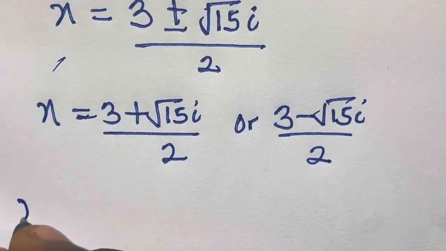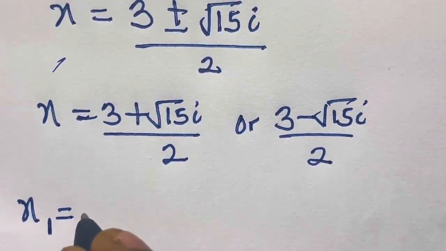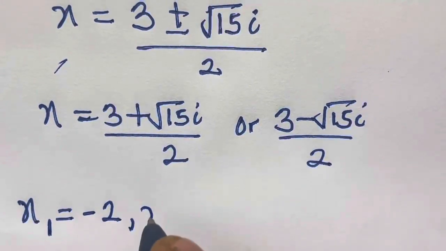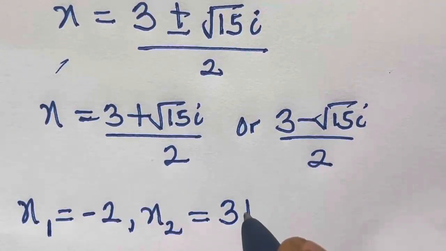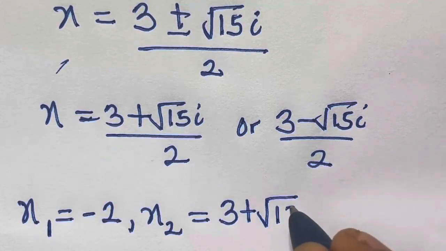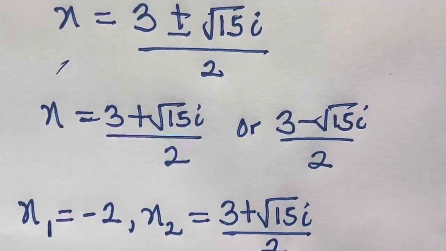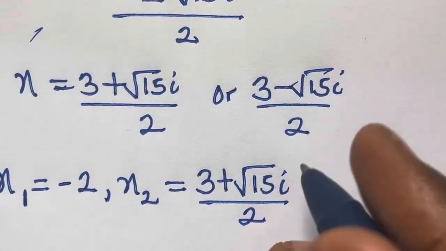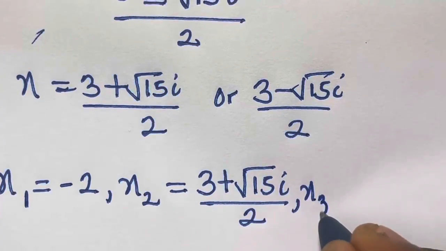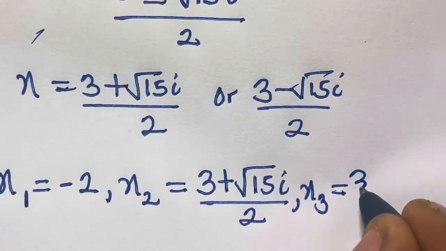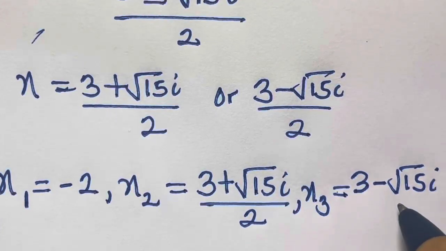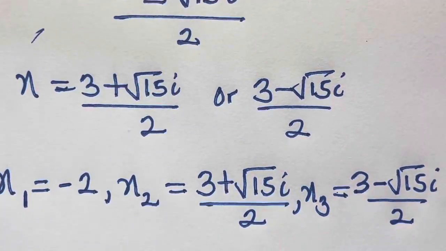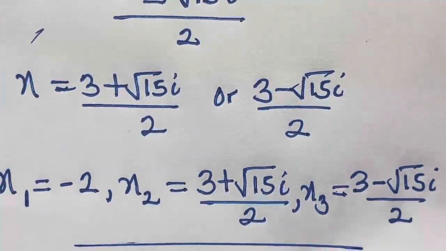So we have x1 equals minus 2, x2 equals 3 plus square root of 15 i, divided by 2, and x3 equals 3 minus square root of 15 i, divided by 2. So this is our answer.